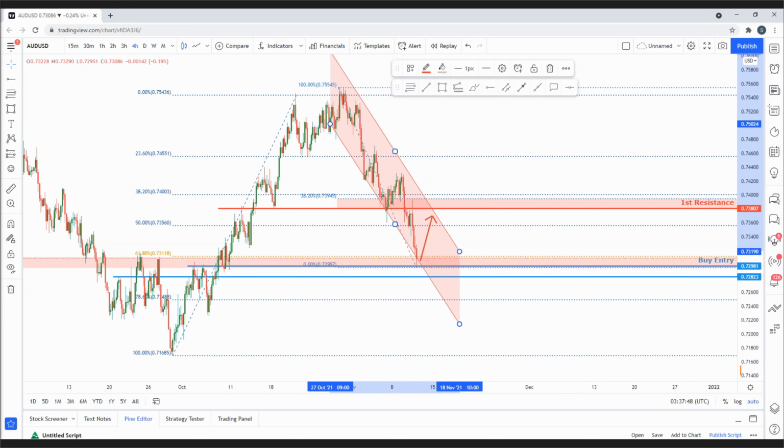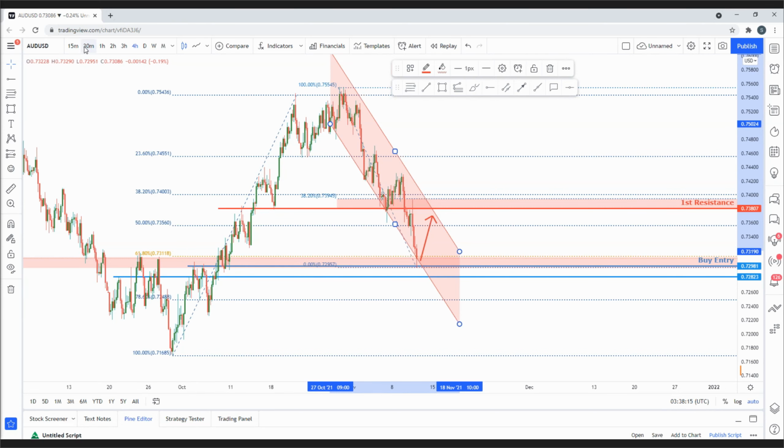Are you looking for a short or long position? Long, all right. I think it's a very good call actually.